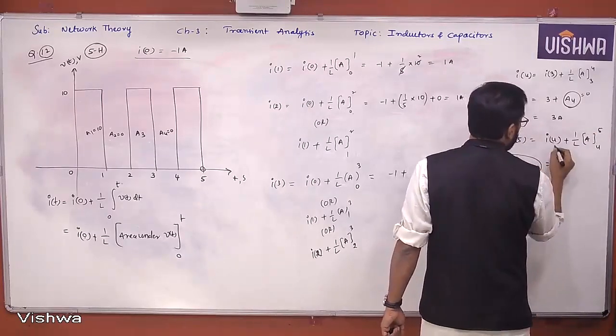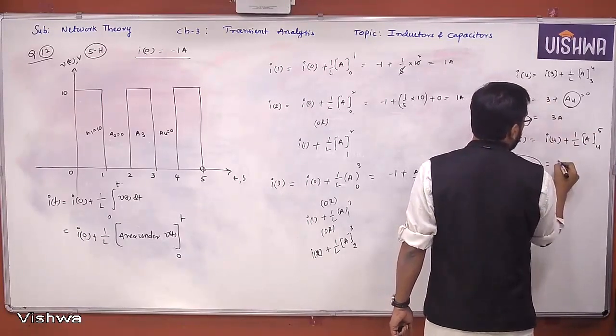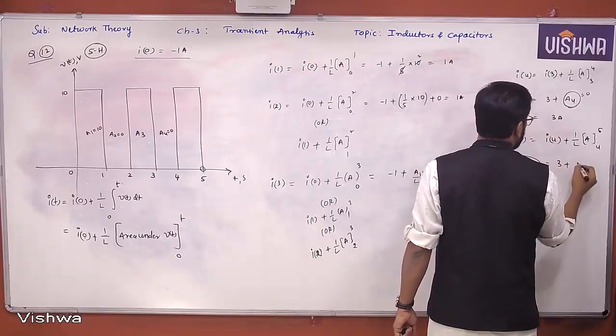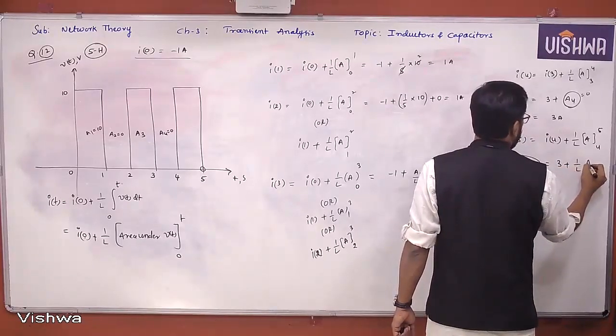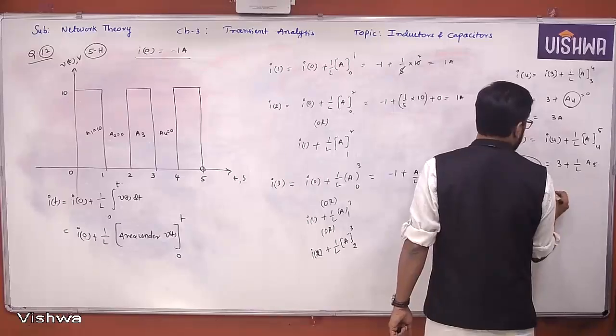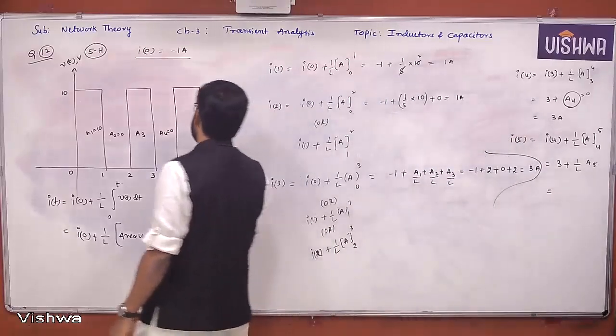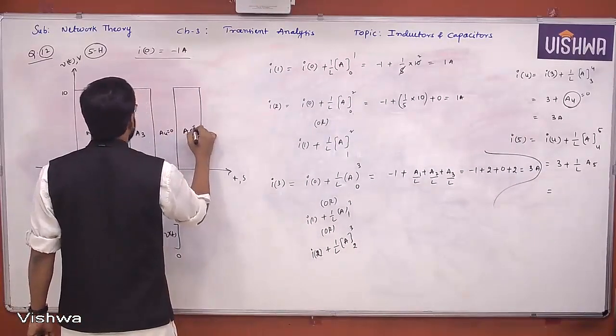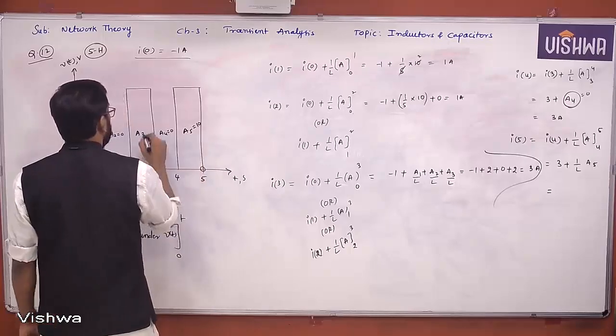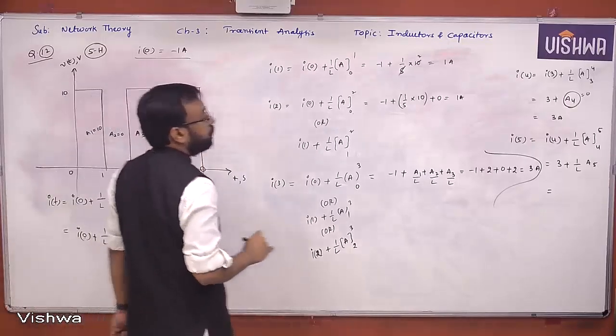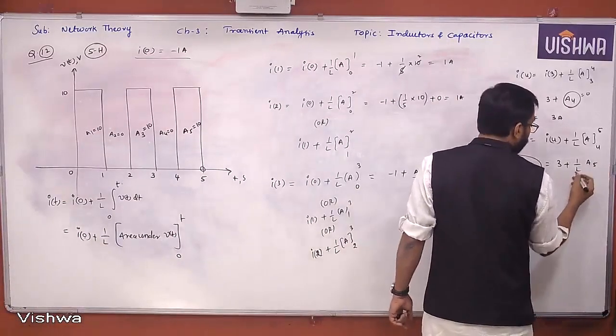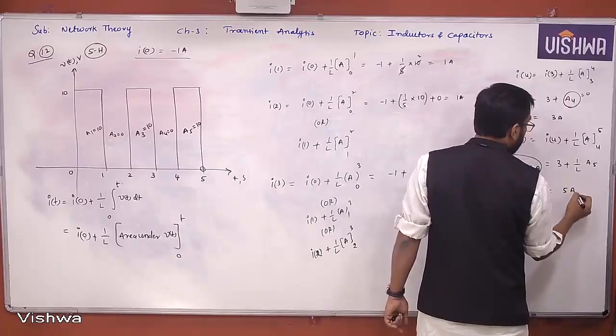So what do you get? I of 4 is nothing but 3 plus, what is this value? 1 by L A5. What is it? A5 is 10. A3 is 10. 10 by 5 is 5 ampere.